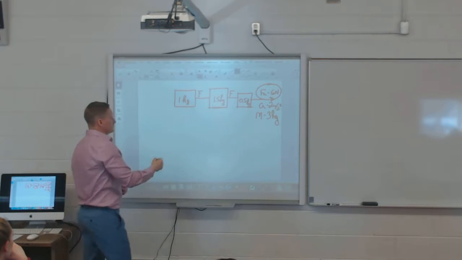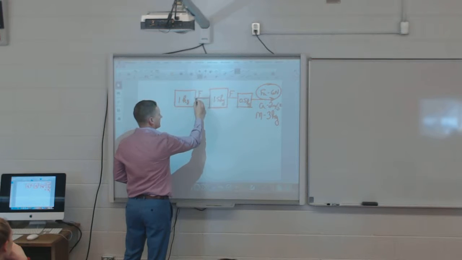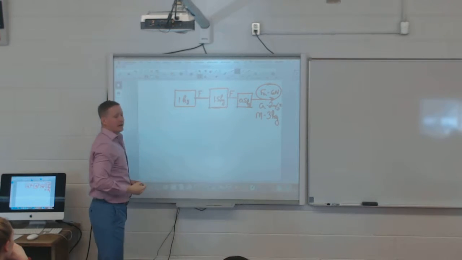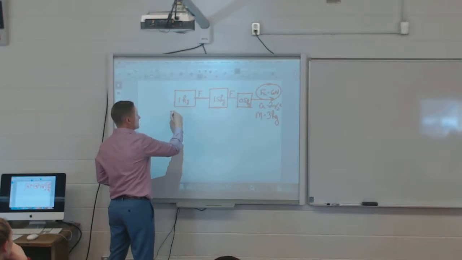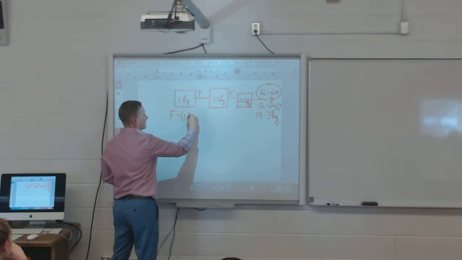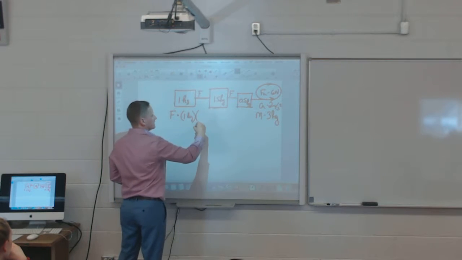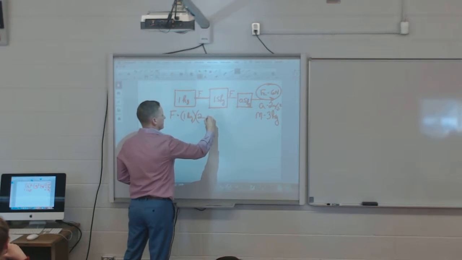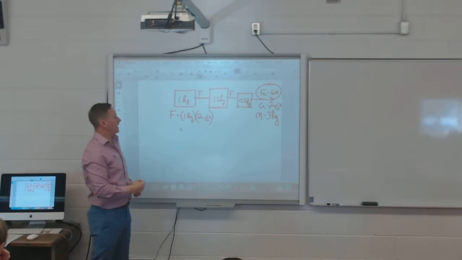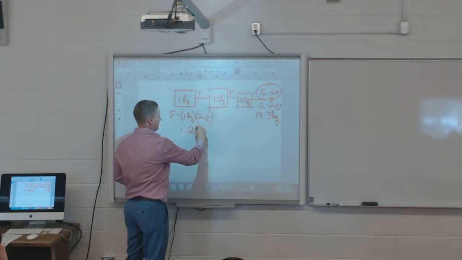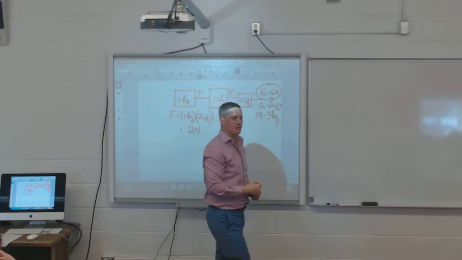So now, this string right here is pulling on one cart only. So what is the force on that string? Well, the mass is 1 kg, and it's accelerating at 2 meters per second squared. So therefore, the force on that one string is 2 newtons.